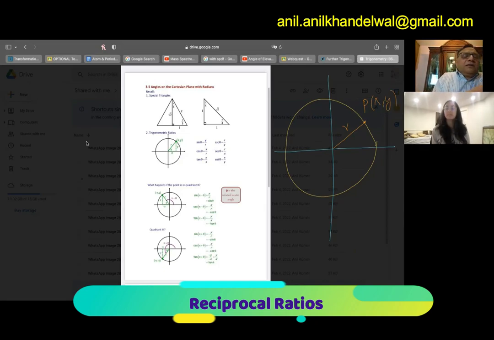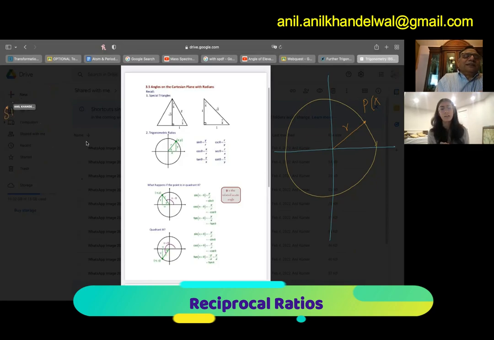You're seeing that sine is basically the ratio of x and r, correct? Cos theta is the ratio of y over r, and tan theta is the ratio of y over... Oh, sorry, I wrote it wrong. Opposite meaning y over x, right?